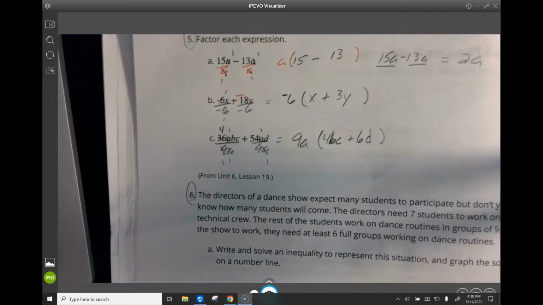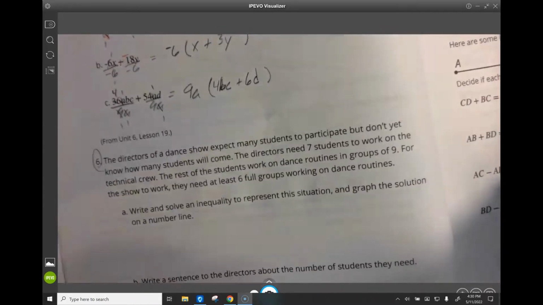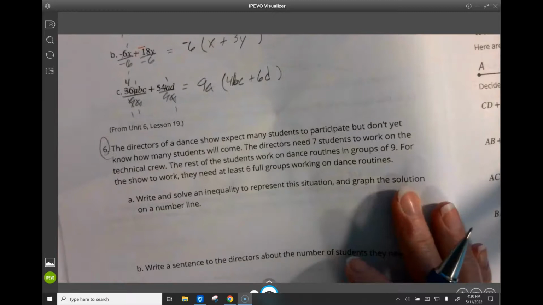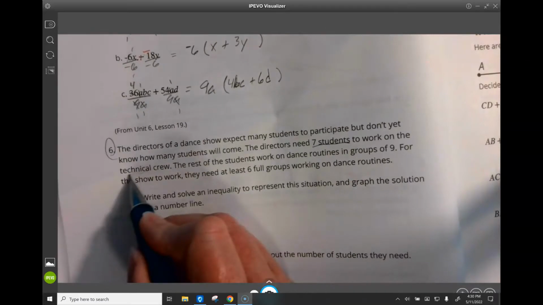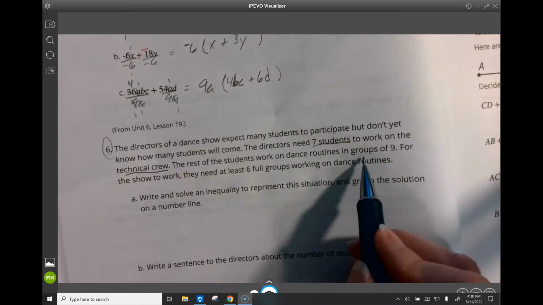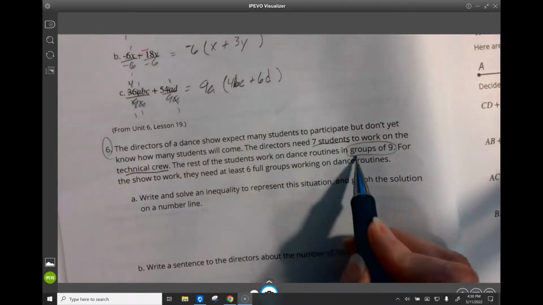Nice job. Okay, let's look at 6. The directors of a dance show expect many students to participate, but don't yet know how many students will come. The directors need 7 students to work on the technical crew, 7 on technical crew, and the rest will work in groups of 9.